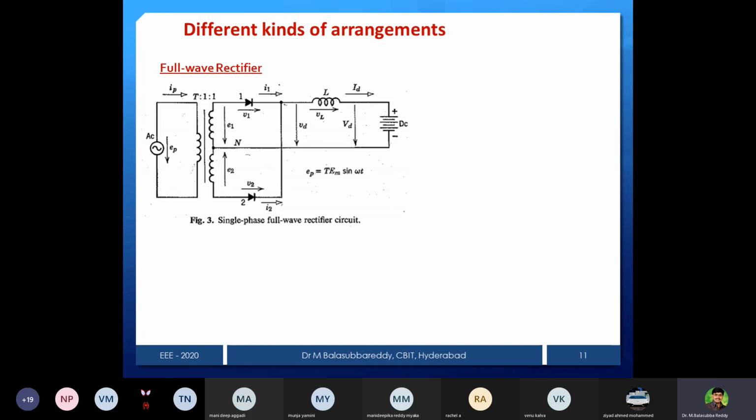Another one is the full wave rectifier. So what is the difference between these two? There are a lot of differences. One thing we can remember is that the first device and the second device have to conduct one by one, during the positive half cycle and during the negative half cycle, and the midpoint is connected to the load side.